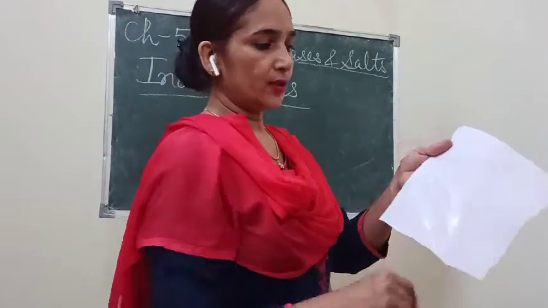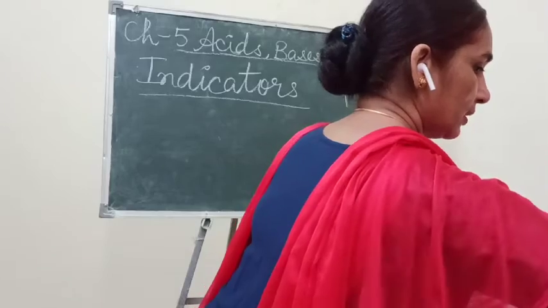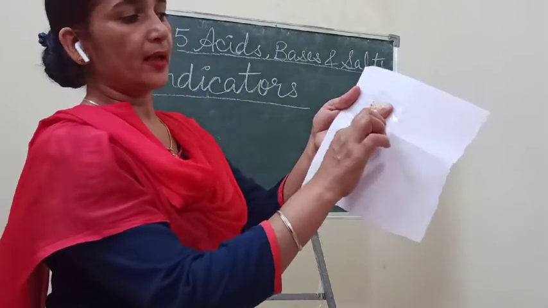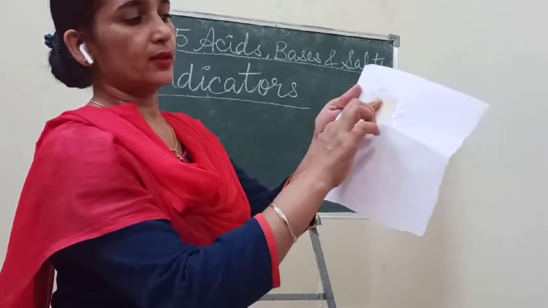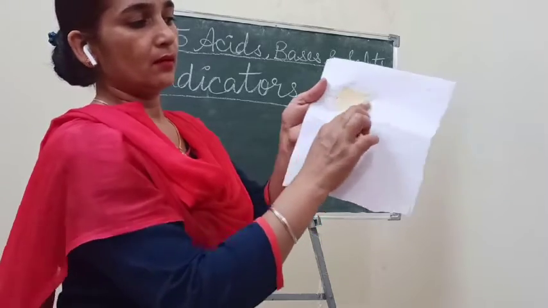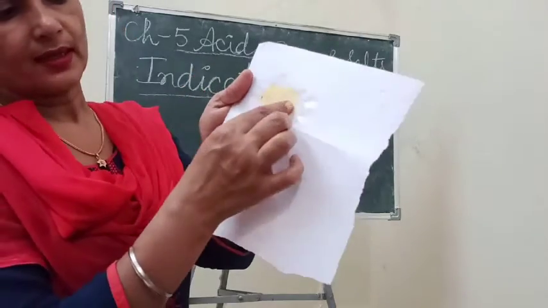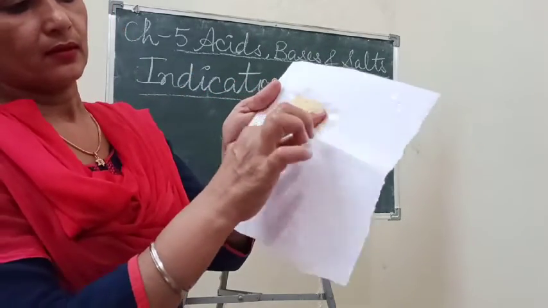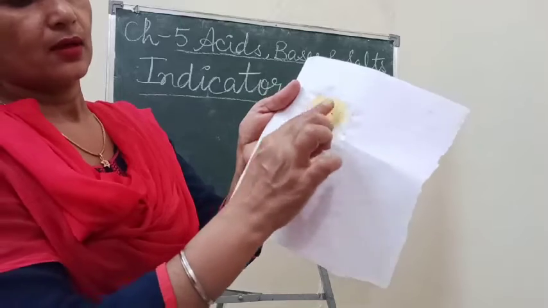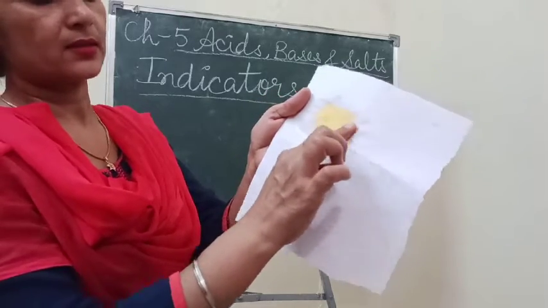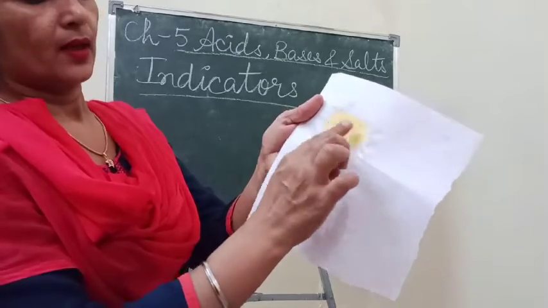After applying water, I have turmeric and I am applying it on the paper. See, the color is yellow now. You can see clearly that it shows yellow color, because you know that turmeric is yellow.